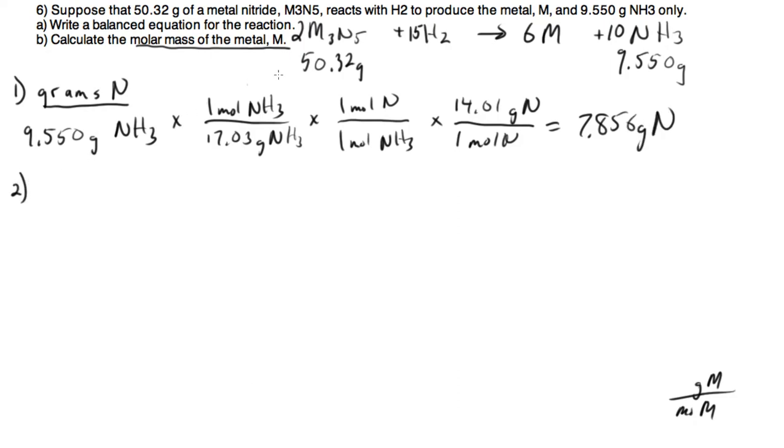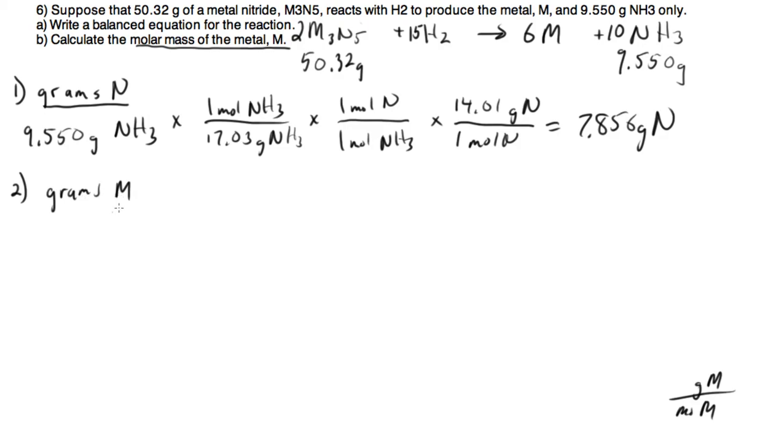Secondly, now I can subtract my grams of N because the grams of N in ammonia are the same as the grams of N here. There's only N here and here. So now I can figure out grams of M by subtracting.